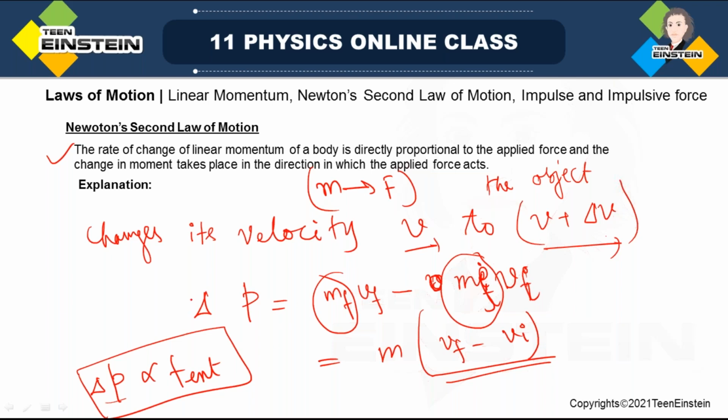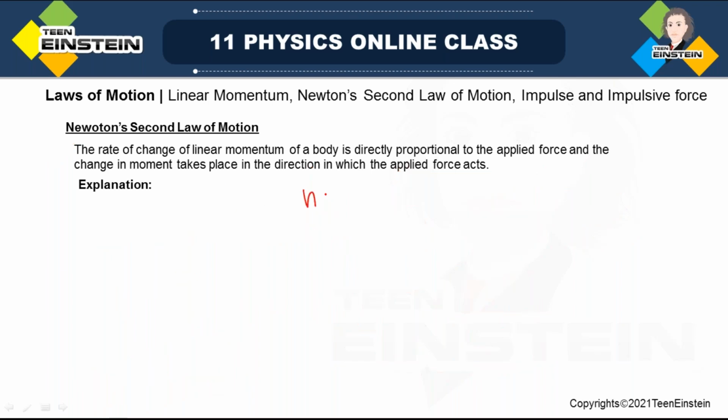So if this change is happening in 1 second, or, more generally, suppose there is a mass m, initial velocity is v, and it is acted upon by a force F. The mass remains the same, and it acquires a final velocity, suppose v plus delta v, and this happens during a time interval delta t.